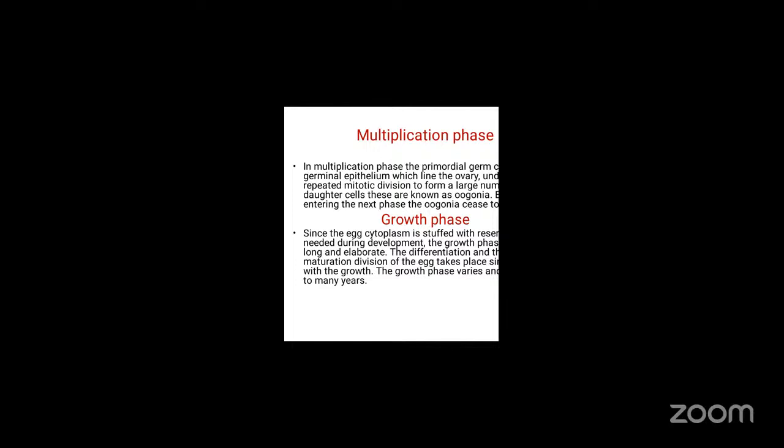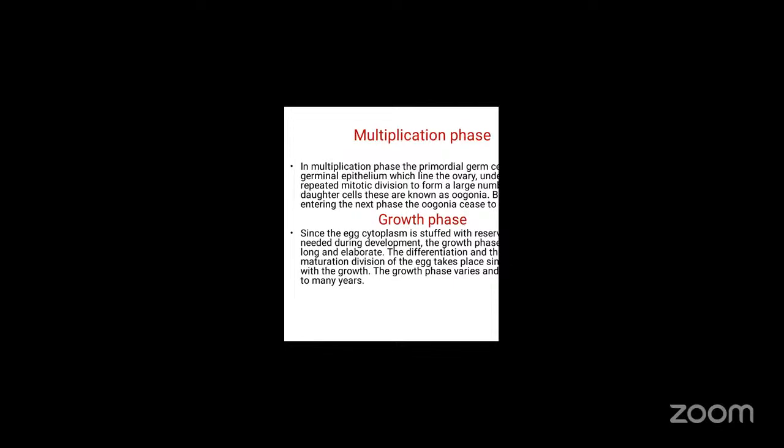So what happens in the next stage, that is, the growth phase? Since the egg cytoplasm is stuffed with reserve food material needed during development, the growth phase of the oocyte is long and elaborate. The differentiation and the first maturation division of the egg take place simultaneously with the growth. The growth phase varies and may extend to many years. So during the growth you require the necessary food, and whatever is stored in the cytoplasm has to be used.